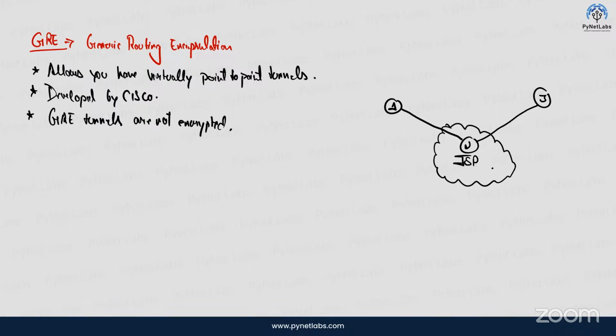Apart from router 2, let's assume there is router 5, router 6. There can be different routers in the ISP core, but there will be a logical tunnel from router 1 to router 3, where we'll have some IP, let's say 10.0.1.1 and .2. This is the IP which we will provide to the tunnel we are going to create between site 1 and site 3.